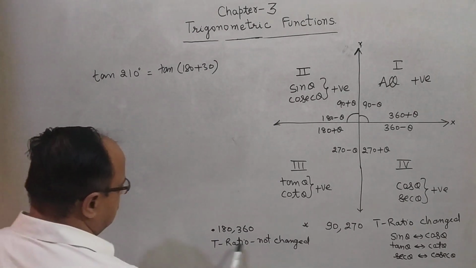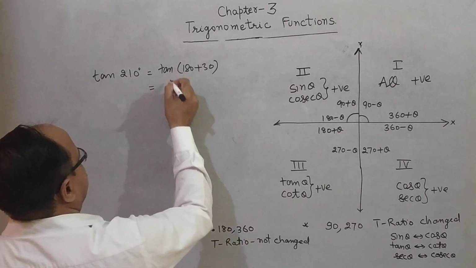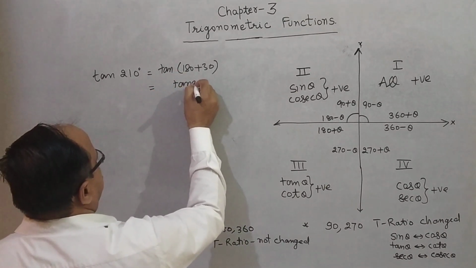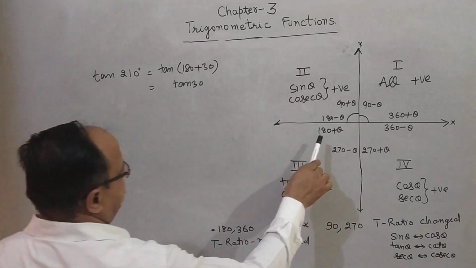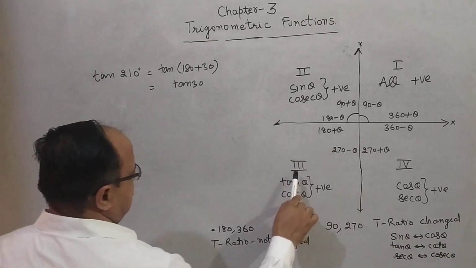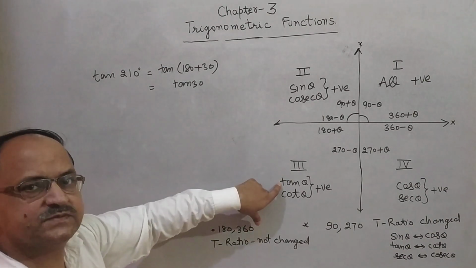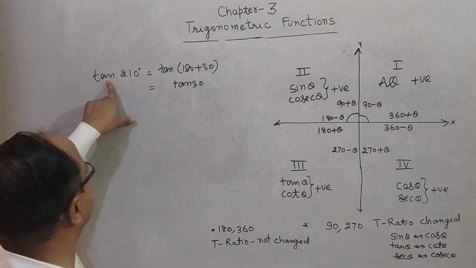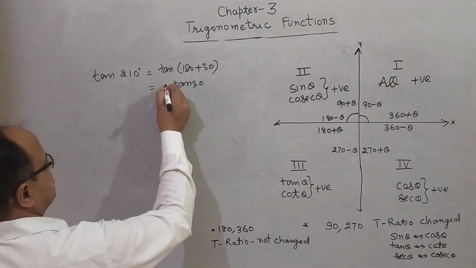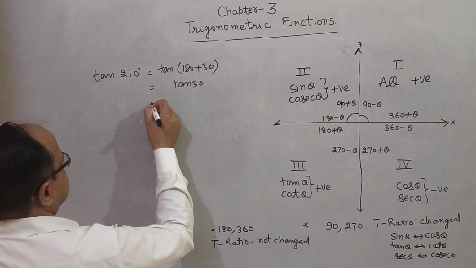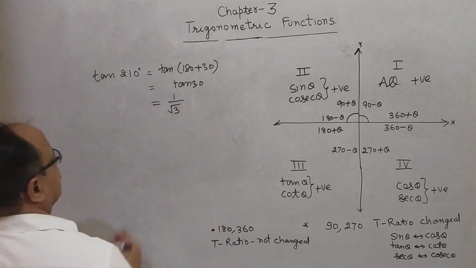It means t ratio not changed. Then tan as it is, tan 30, and you know that 180 plus theta lies in third quadrant, and in third quadrant tan is positive. Tan ये देखना, तो tan is positive. It means here positive sign, no need to write positive sign. The value of tan 30 is 1 by root 3.